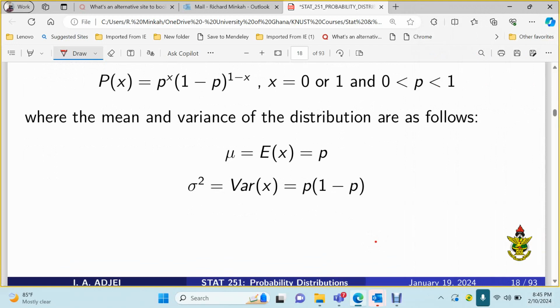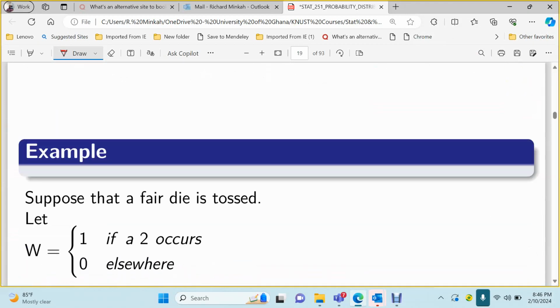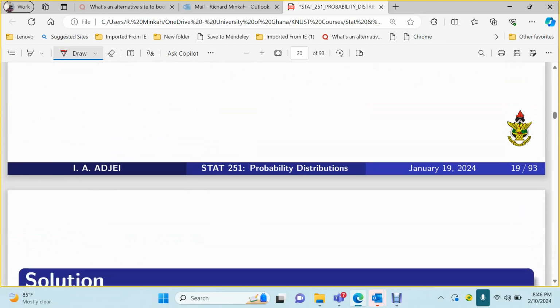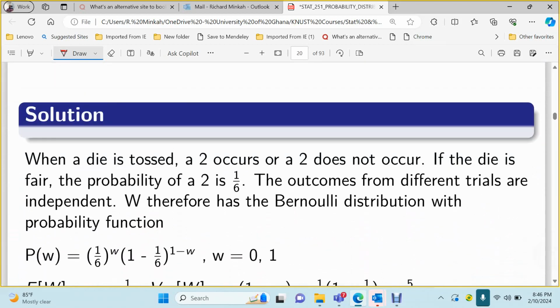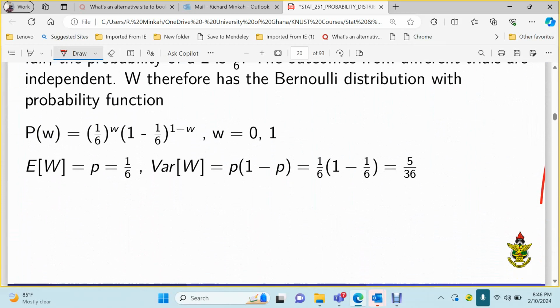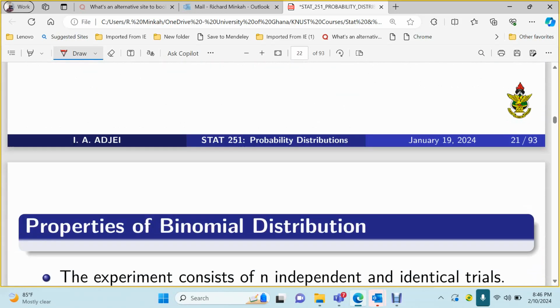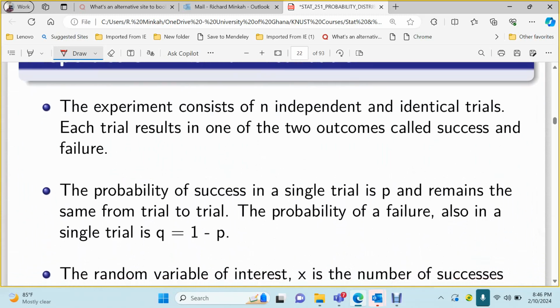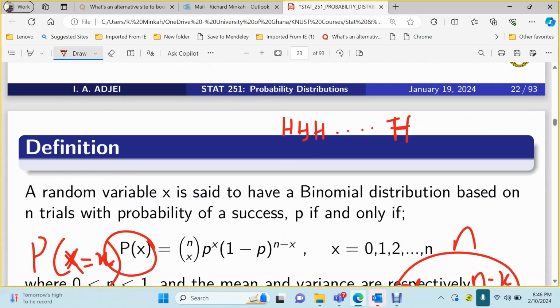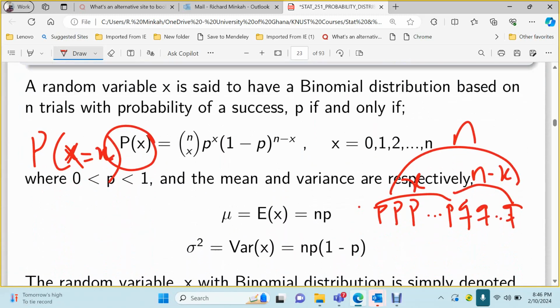I think what you were telling me was mutually exclusive, but that's not what we are after. So what it means is that the probabilities I have over there, I can multiply them. If I have p x times and I'm multiplying, this becomes p to the power x, because they are the same.